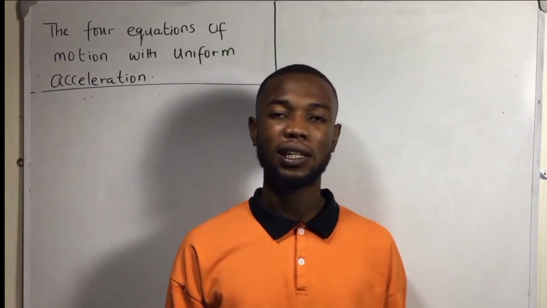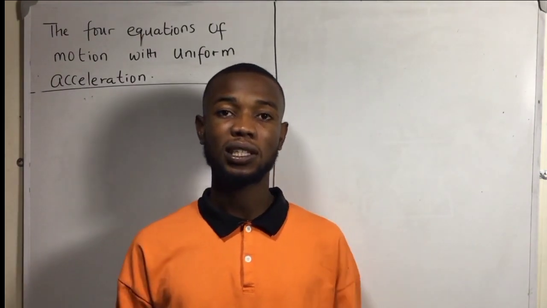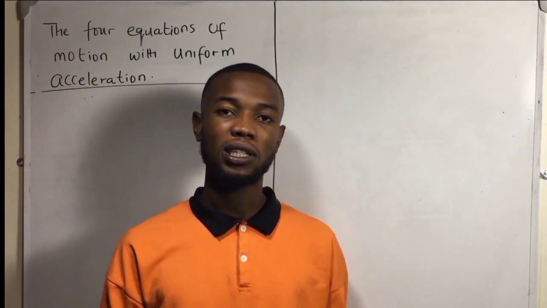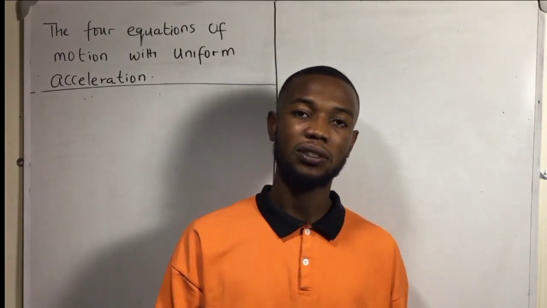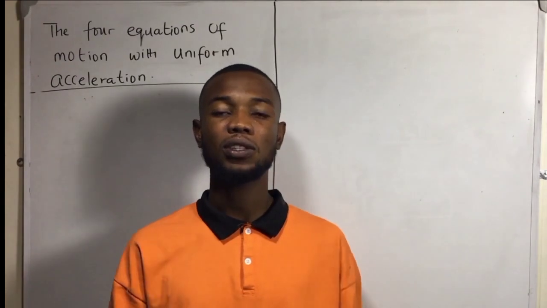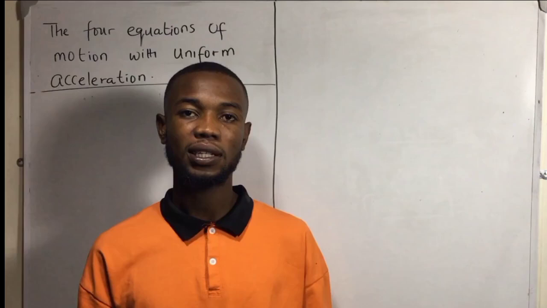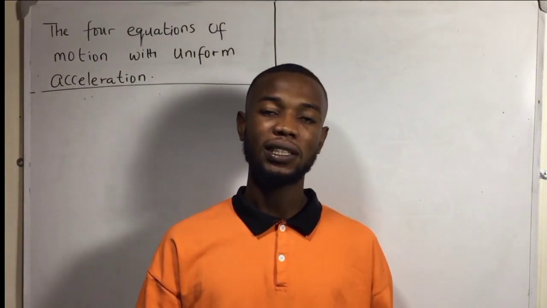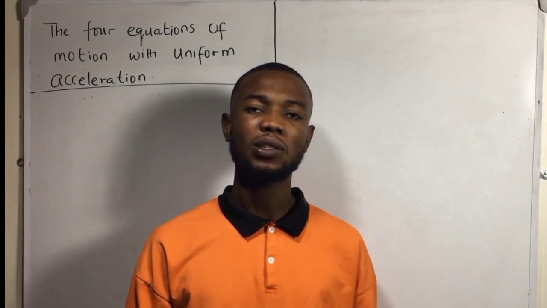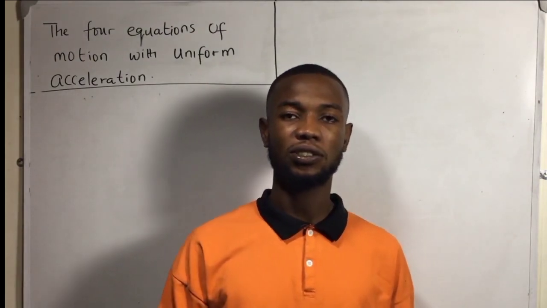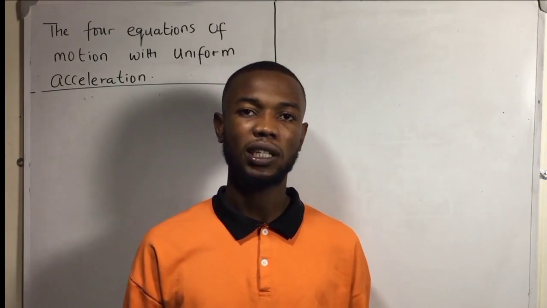And acceleration is the final velocity, that's the maximum velocity attained, minus the initial velocity, that's the first velocity in that question. It can be at rest, or it can be given to you in the question, over the time taken for this acceleration to occur. That's why we said acceleration is final velocity minus initial velocity over time.